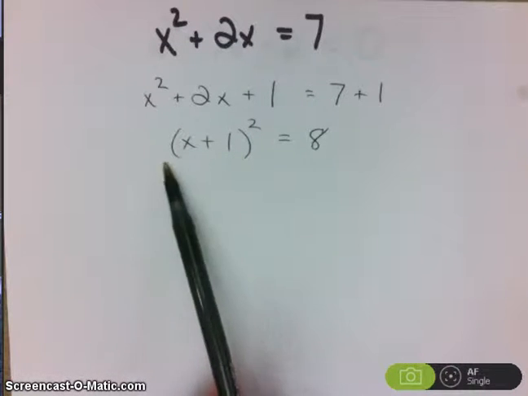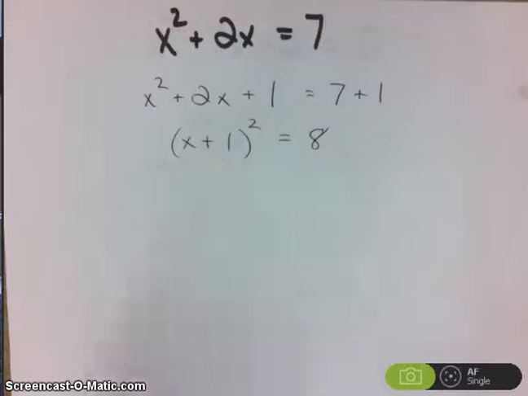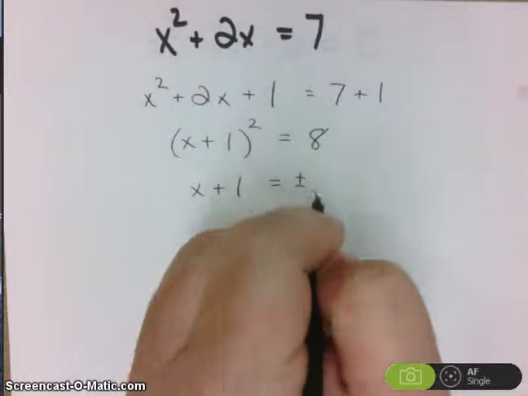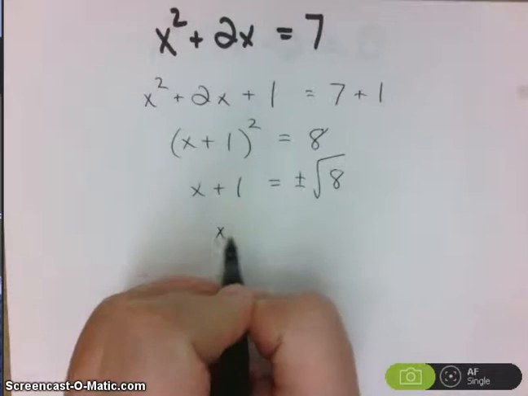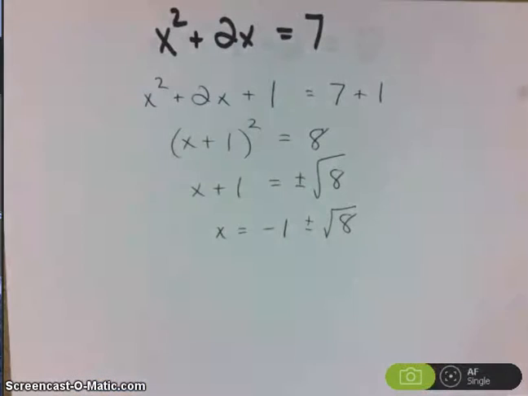So to solve this, we're going to take the square root of both sides. And the square root of something squared is itself. And this is going to be the square root of 8. So plus or minus the square root of 8. This makes it much easier to isolate x. And so x is equal to -1 plus or minus the square root of 8.